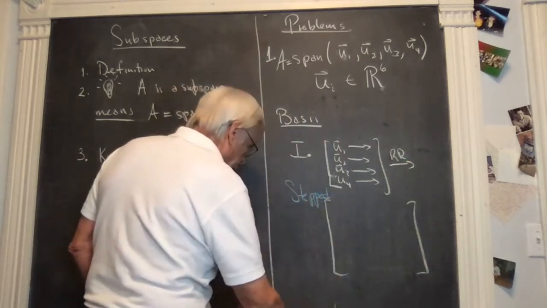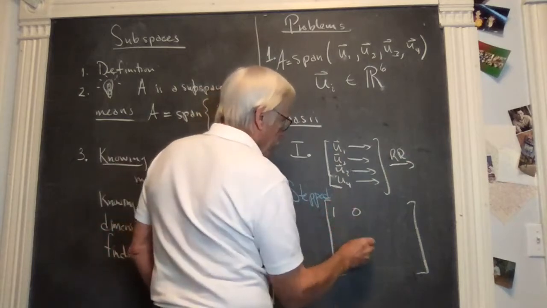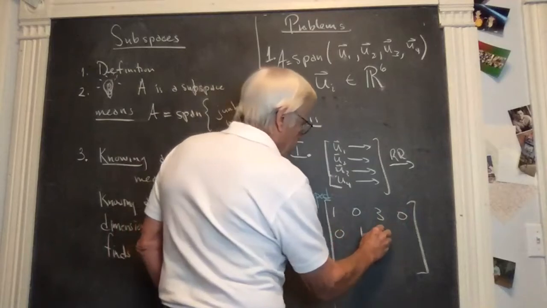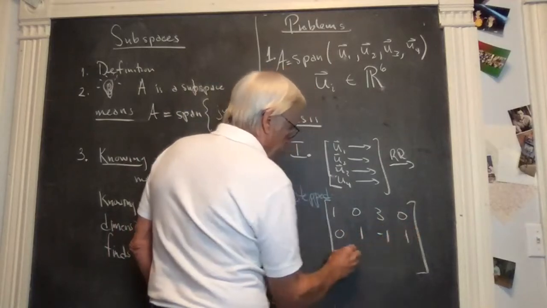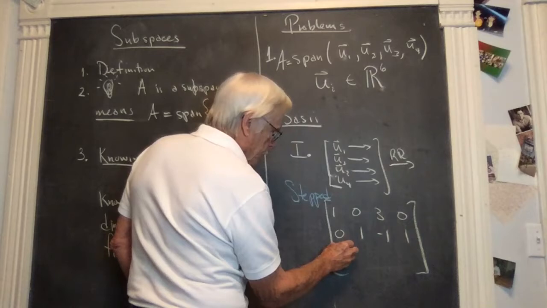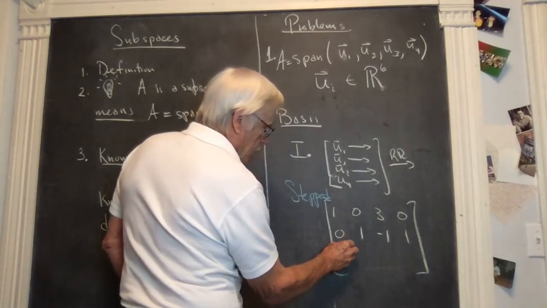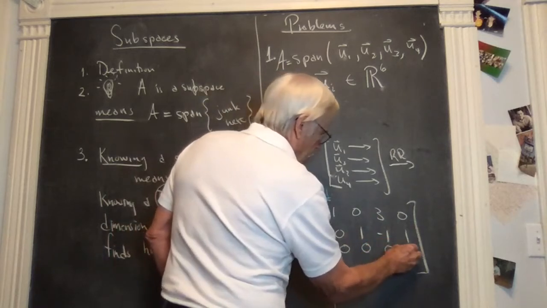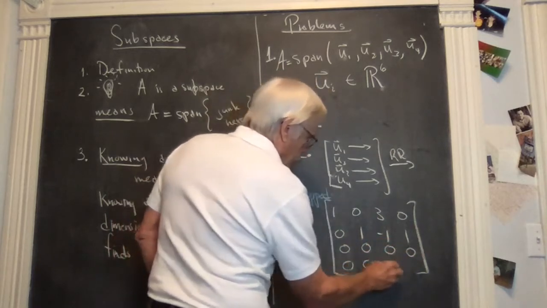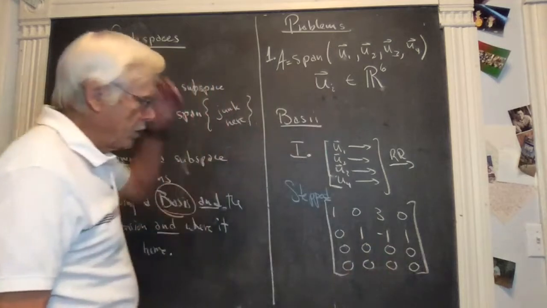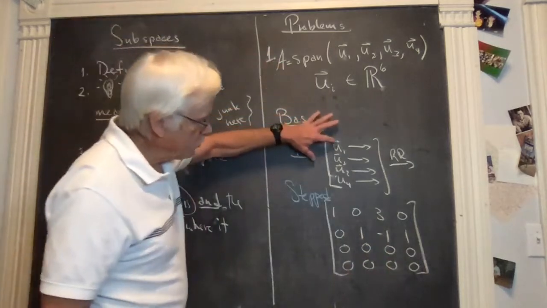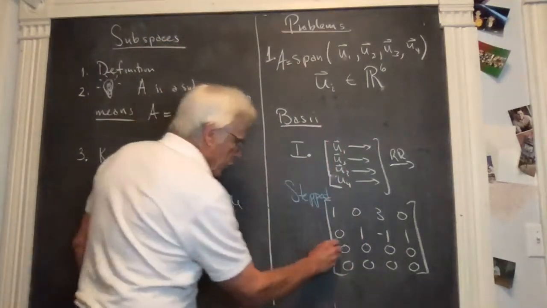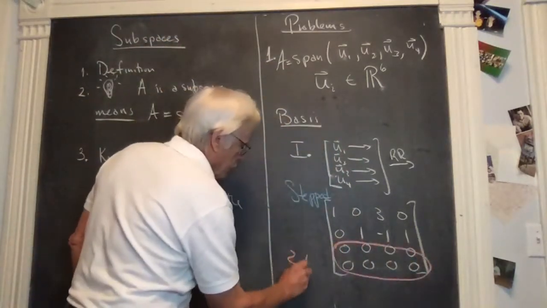So it'll be something like 1, 0, 3, 0, 0, 1, minus 1, 1, and then 0, 0, 0, 0, and 0, 0, 0, 0. So according to method one, when you row reduce this, if you get this matrix, these two rows tell you two dependencies.